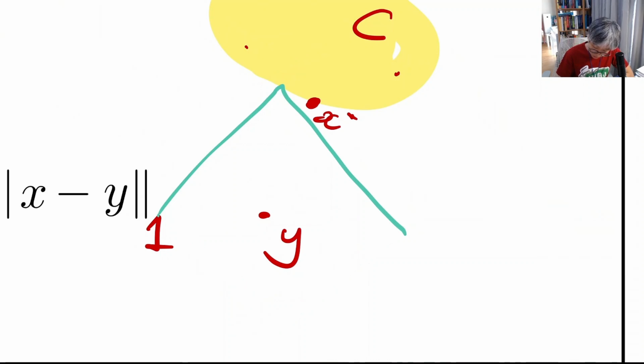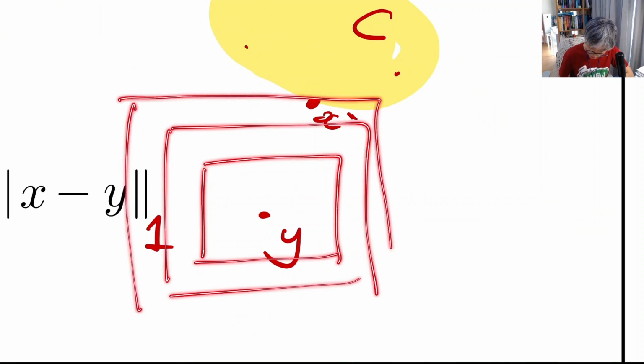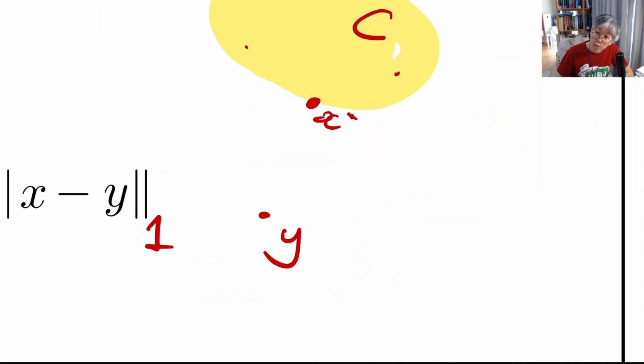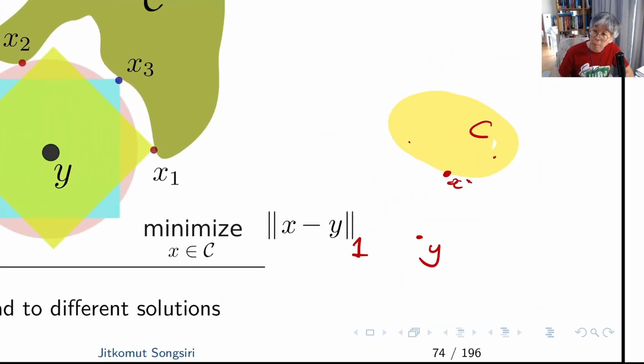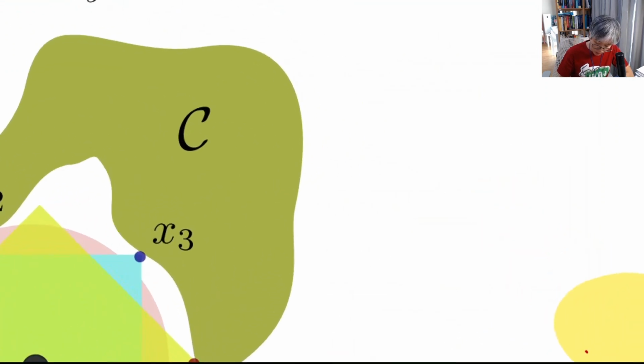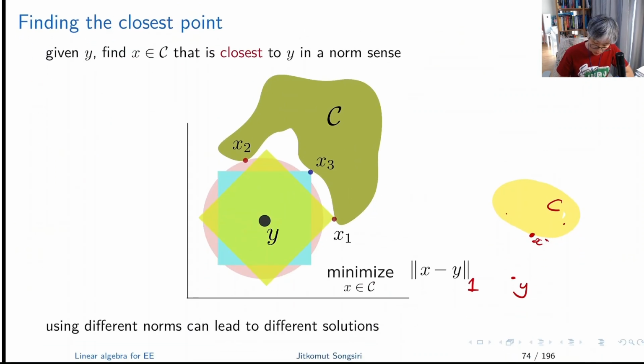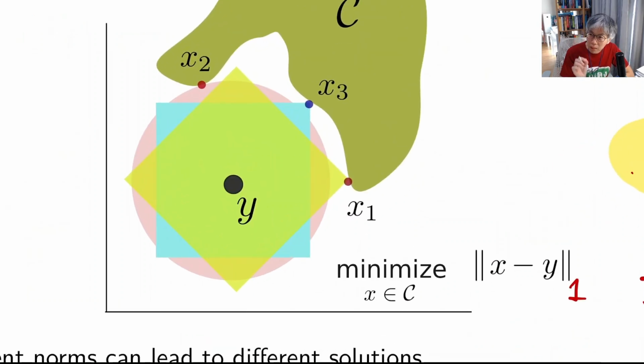And if you use the same concept for the infinity norm ball, it's going to be the same. You draw the square box, and whenever it touches the set C, you have found a point x in C that has the minimum L infinity distance. What I want to point out is that suppose I have a set C that looks like this in general. If you use this same idea, you have the point y, and you try to find the point x that is closest to y by using one norm, two norm, infinity norm, please verify yourself.